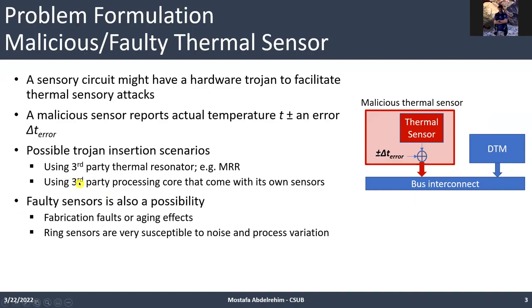Another scenario is using a third-party processing core, a processor that comes with its own thermal sensors. For example, the foreign designer knows exactly where the hotspot comes from in the processor core, so she should put the thermal sensor close enough to that hotspot.